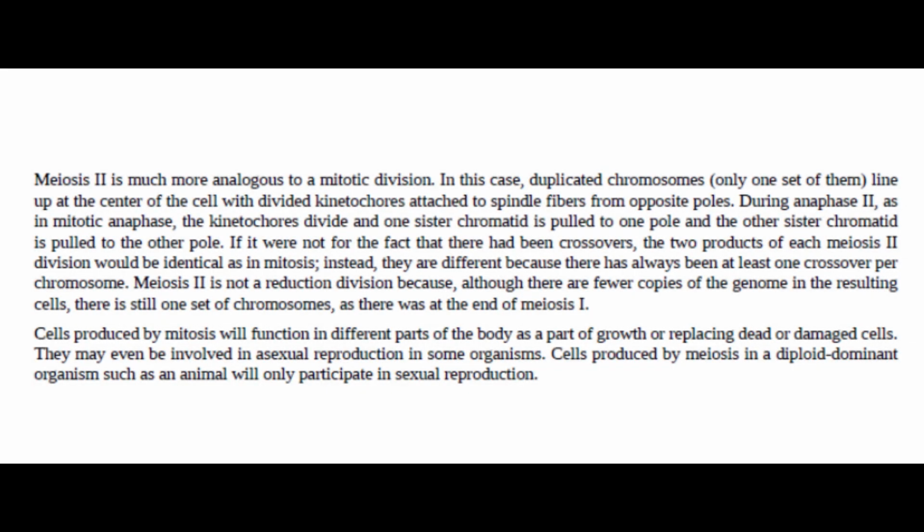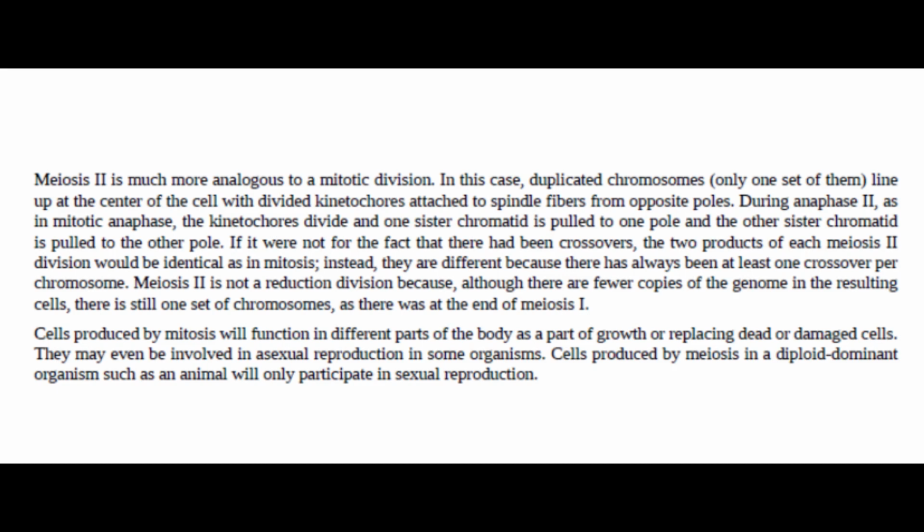Meiosis II is much more analogous to mitotic division. In this case, duplicated chromosomes, only 1 set of them, line up at the center of the cell with divided kinetochores attached to the spindle fibers from opposite poles. During anaphase II, as in mitotic anaphase, the kinetochores divide and 1 sister chromatid is pulled to 1 pole and the other sister chromatid is pulled to the other pole.